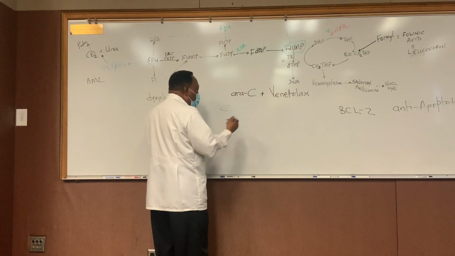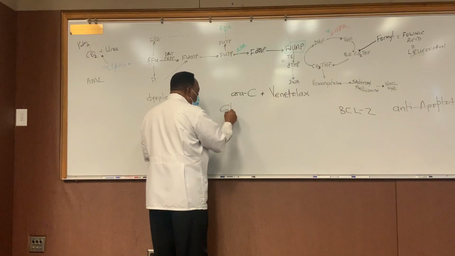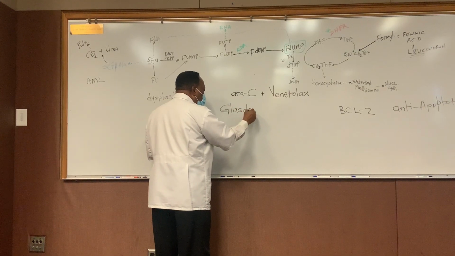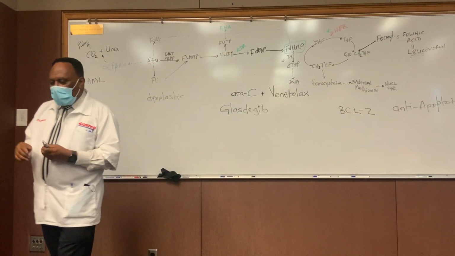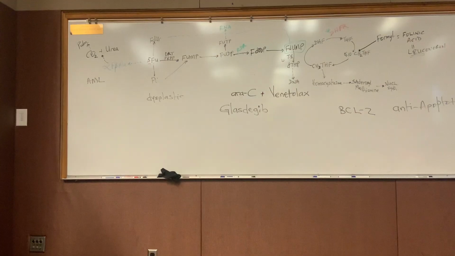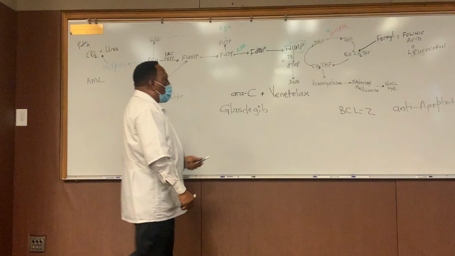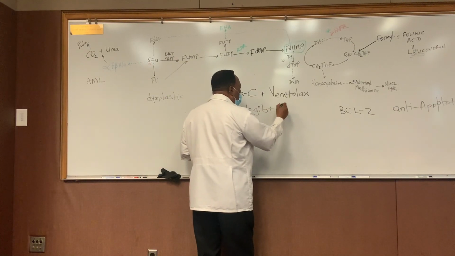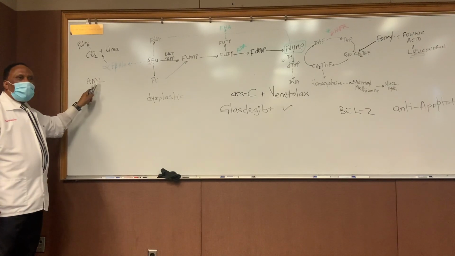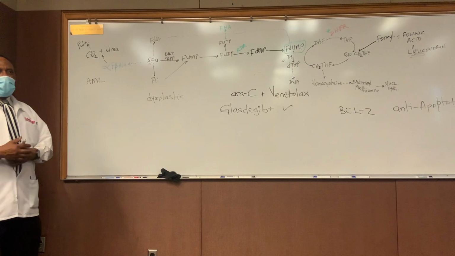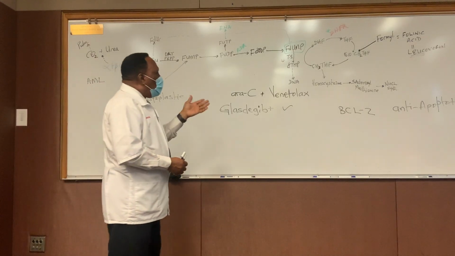There's a product called glasdegib. Glasdegib can be given in combination with ARA-C, and sometimes it is even given in combination with venetoclax for the treatment of acute myelocytic leukemia. Okay. Can be used for AML also.